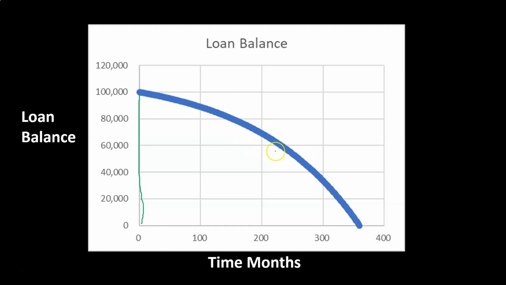Towards the end of the loan, each payment decreases the loan by a larger amount, because at the beginning most of the payment is going to interest, and at the end of the loan most of your payment is going to principal.